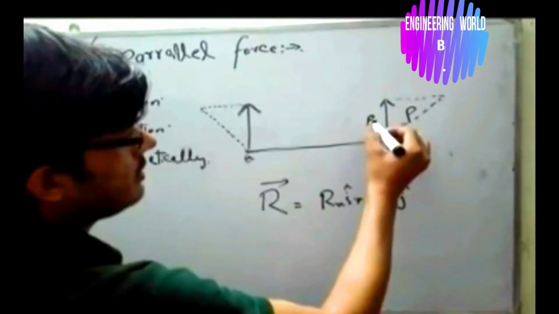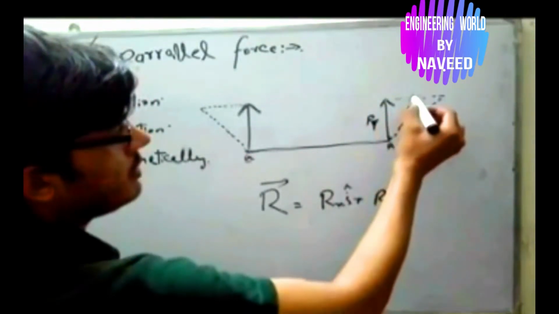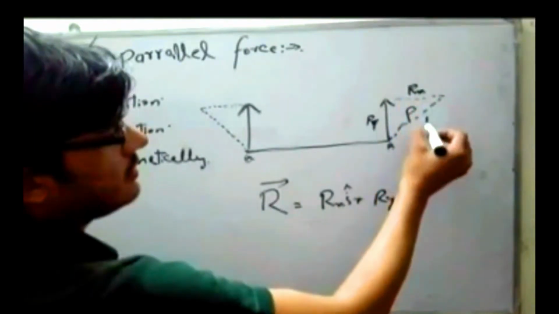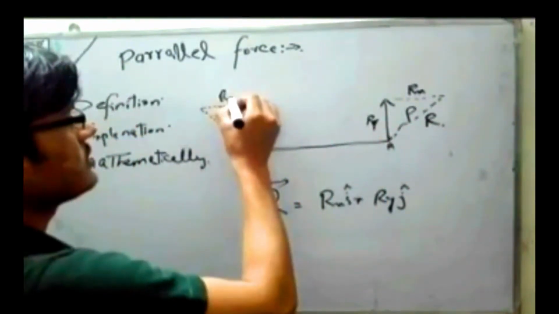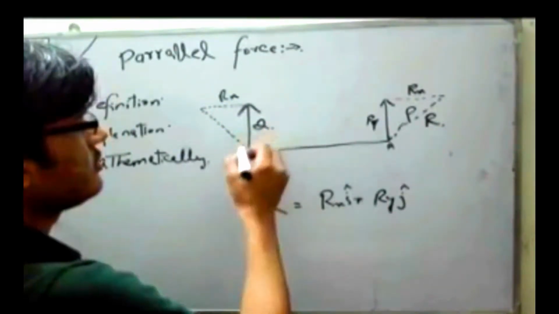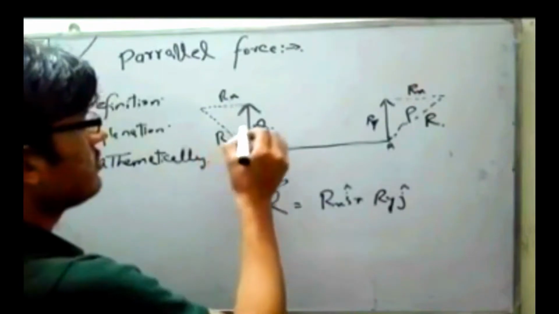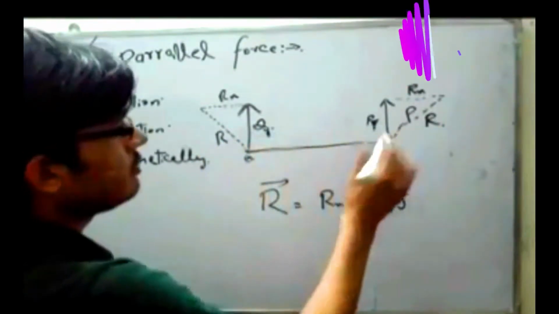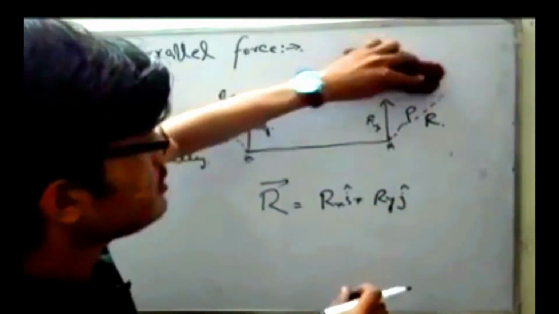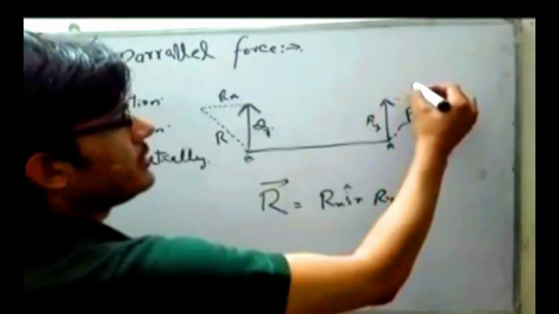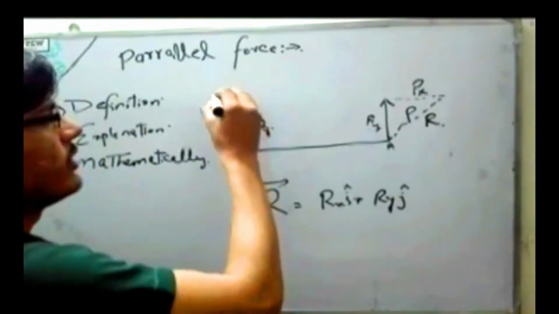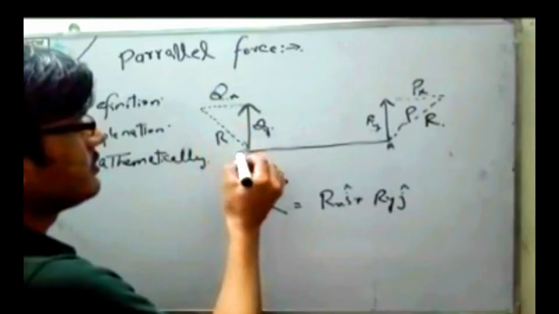So this is the Py, this is the y component, this is the Rx, and this is the R. Similarly, this is the Rx, and this is the Qy, this is Px, and this is also Qx, and this is the resultant.